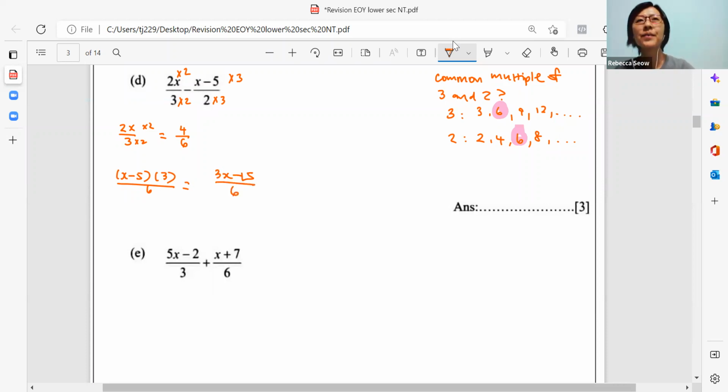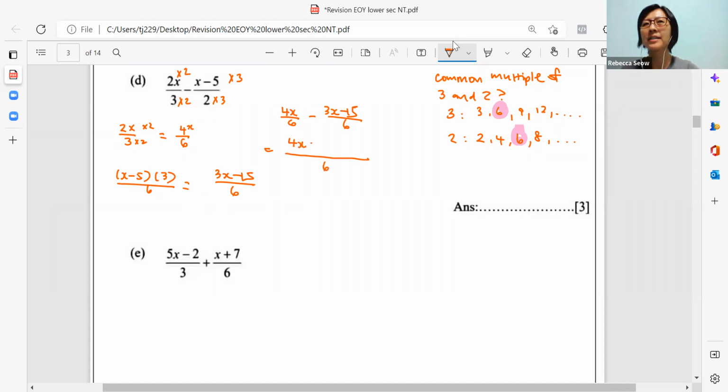Okay, so now we want to subtract. So instead of 2x out of 3, I'm going to put down 4x out of 6. And I will be putting down x minus 5 over 2 in the form of 3x minus 15 over 6. Okay, so with the denominators being the same, we can combine.